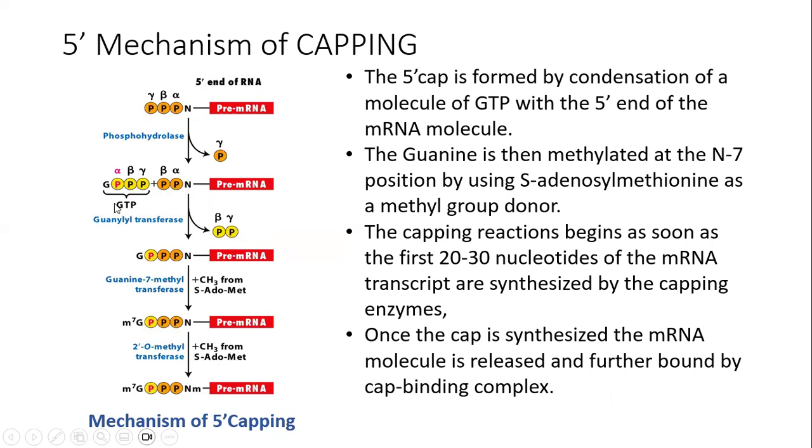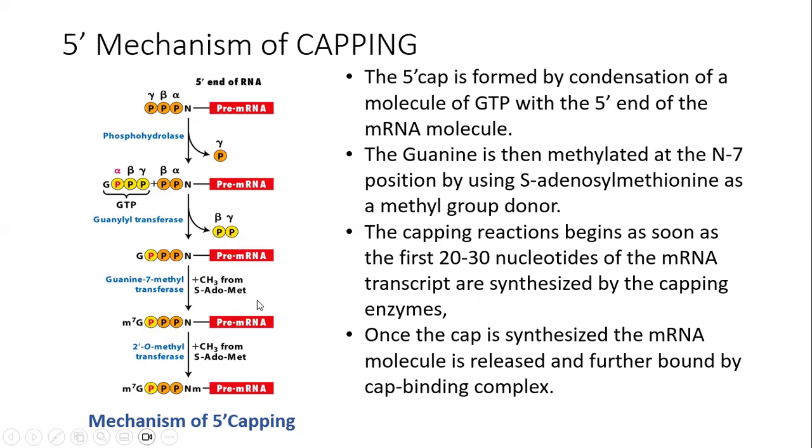So the GTP cleaves off two phosphates during this reaction, and it results in formation of a triphosphate bond towards the 5' end of the messenger RNA molecule. Further, the guanine residue is methylated in the presence of the enzyme guanine 7-methyl transferase, and here S-adenosyl methionine acts as a methyl group donor.